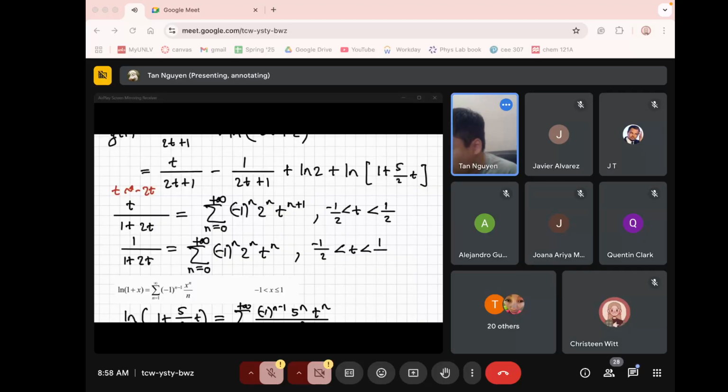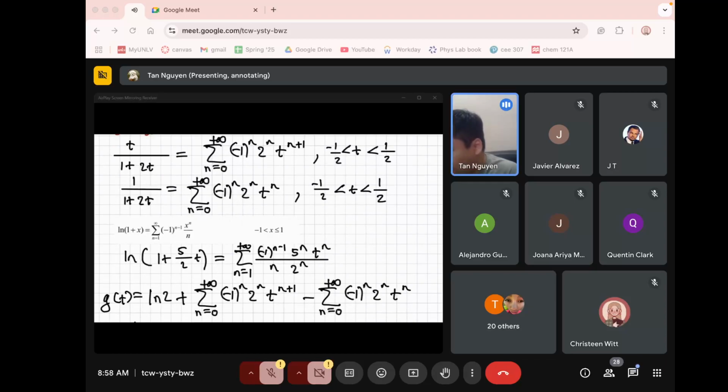Okay. What about this last series here? Well, the IOC was originally from minus 1 to 1. I replace x by 5 over 2t. Okay, let's do step by step. So I get minus 1 is less than 5 over 2t, which is less than or equal to 1. Am I right? That's what I did.